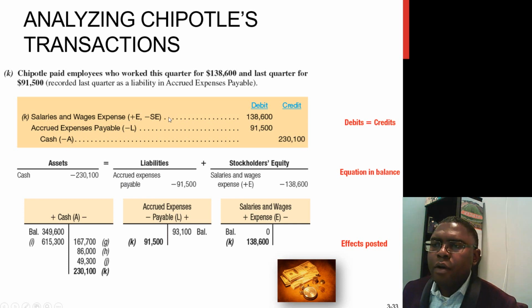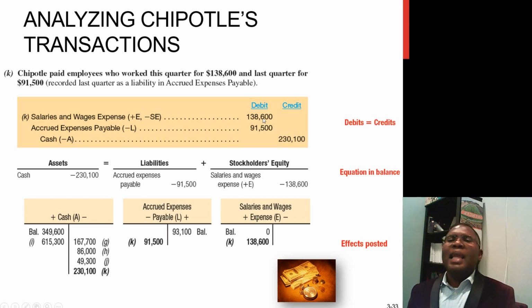So let's start from the salary and wage expense. Of course, for this quarter the company makes a payment of 138,600. So salary and wage expense. Expense is going up. Increases in expense take a debit balance.